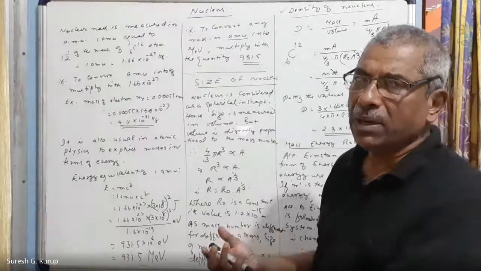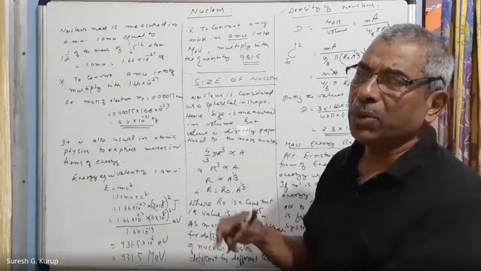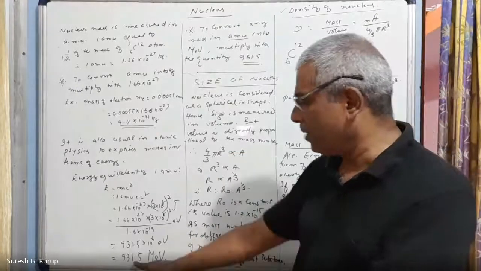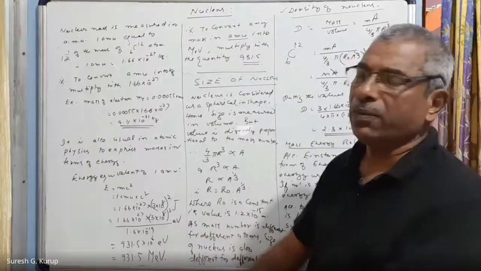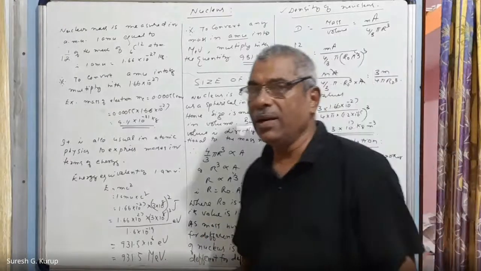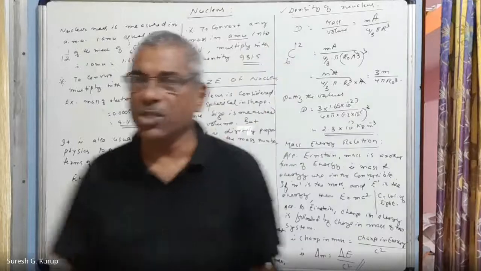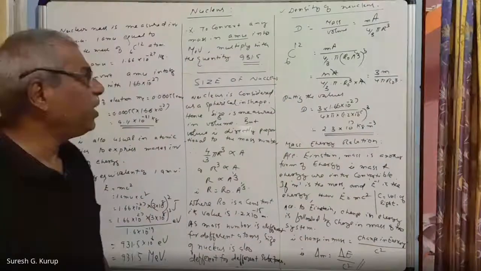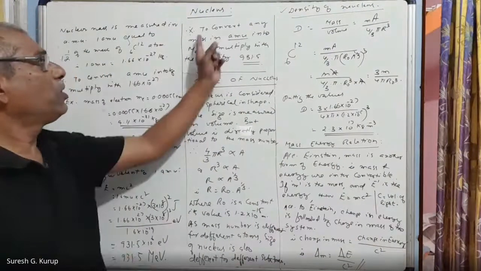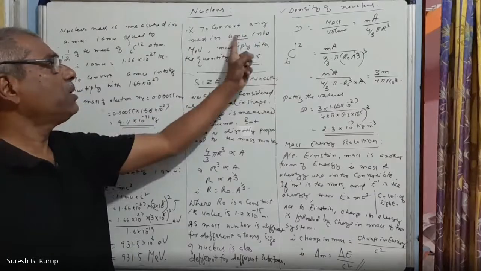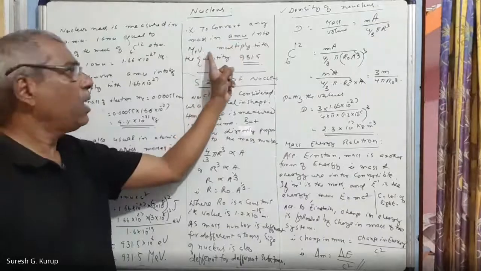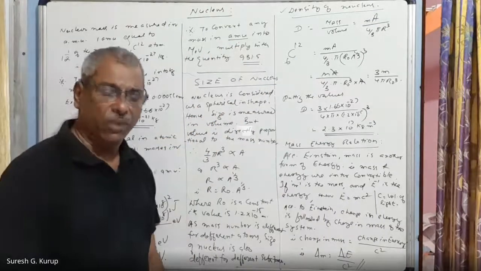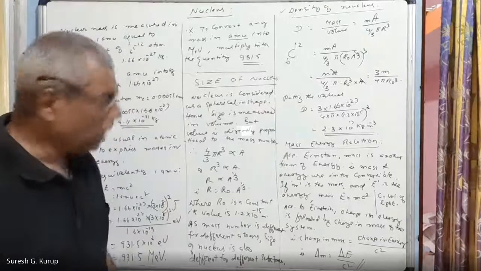So any mass in AMU, to convert into its energy equivalent, you multiply with 931.5, and you get the energy in mega electron volt. So to convert any mass in AMU into mega electron volt, multiply with the quantity 931.5. Very, very important information.